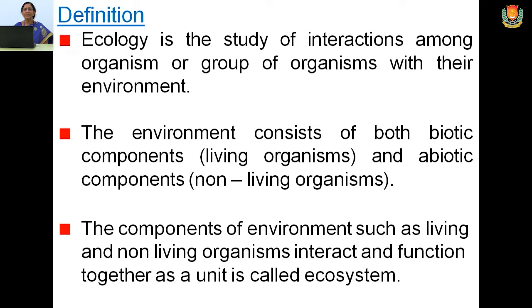The living components include plants and animals, whereas non-living components include water, land and soil. Now here we can see that the living components are influenced by the non-living components. The forest, desert, then pond ecosystem, all these are different types of ecosystem, and they are interdependent upon the non-living organisms.